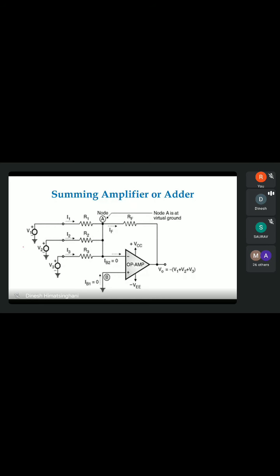If I call this Vx, I'm going to call this Vy, just to differentiate it from V1, V2, and V0. Let me go to the whiteboard and start solving this equation. If you recall the circuit, it is I1 plus I2 plus I3 is equal to IB plus IF.